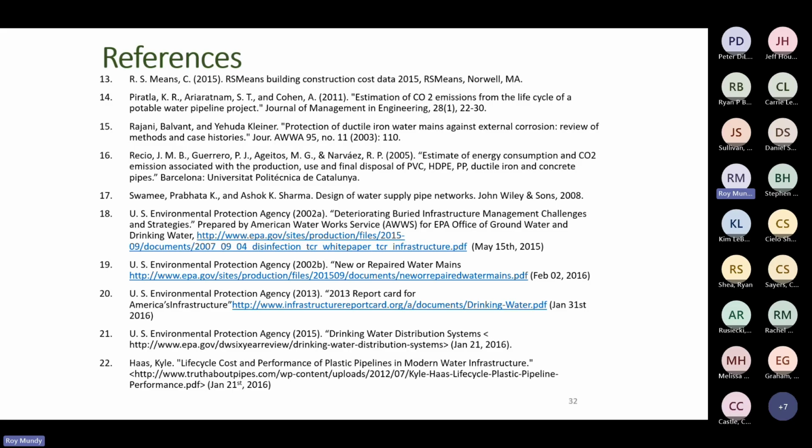But we use those factors because that's kind of the industry standard. And so even with a lower C factor, the inside area of the pipeline diameter is much, much more important in terms of providing hydraulic efficiency than the C factor.